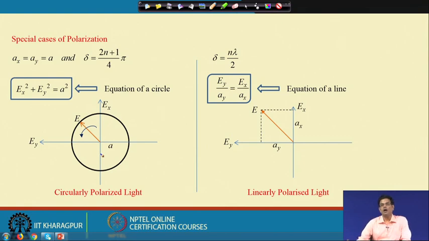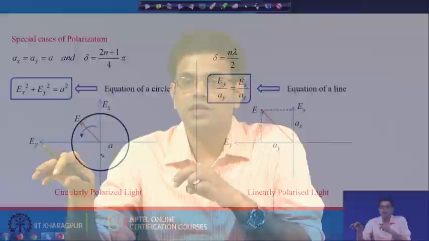So, when we superpose two out of plane waves, the resultant wave is polarized light, and depending on certain magnitude and phase difference, it is either elliptically polarized or circularly polarized.